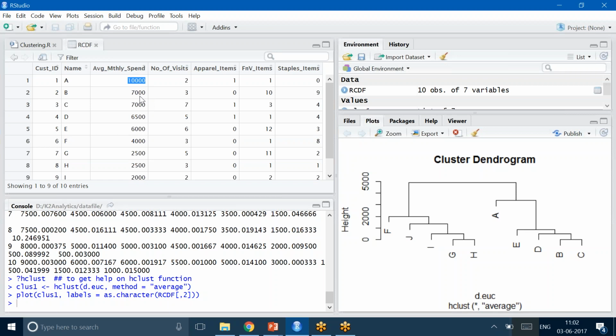What will happen the moment you do standardization, that is scaling of variables? How is scaling done? X minus X bar divided by standard deviation. That is the standardization formula, which means for average monthly spend, first I take the average. So assume 5,000. What will be the unit of 5,000? Rupees. What is the formula of standard deviation? Square root of X minus X bar the whole square divided by n.